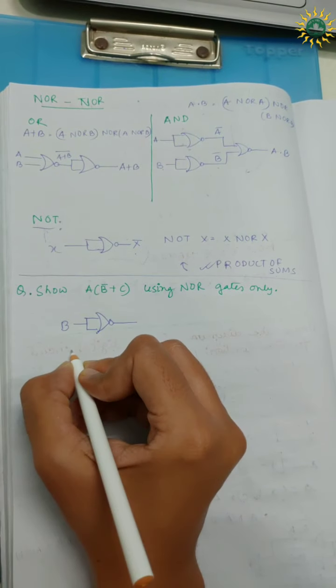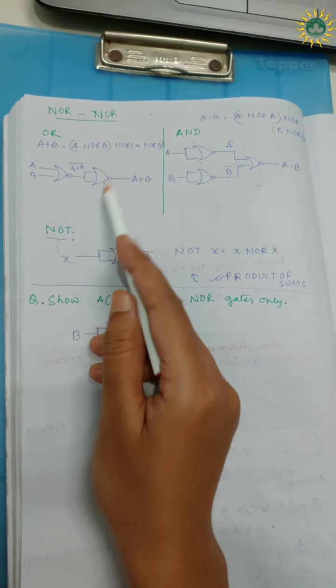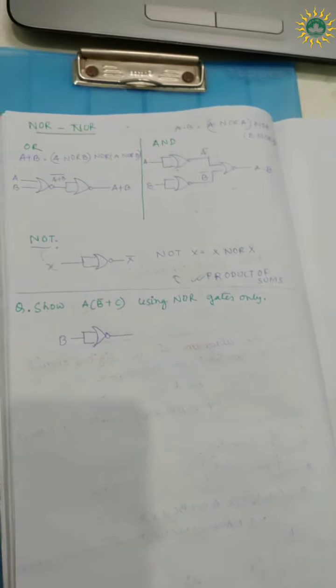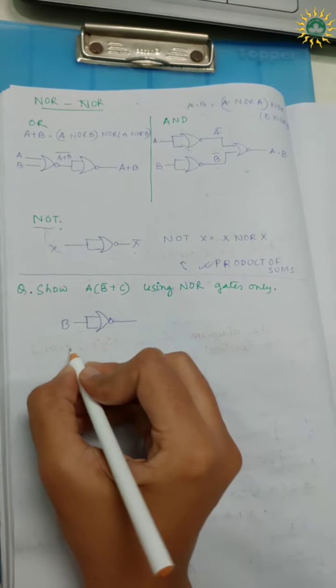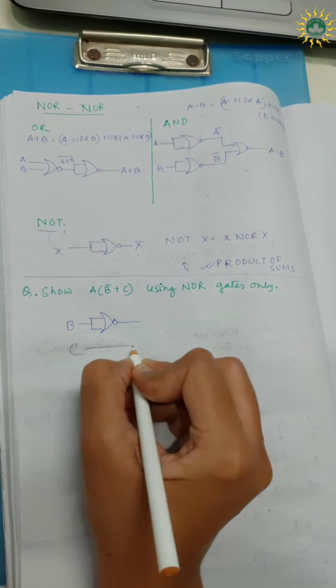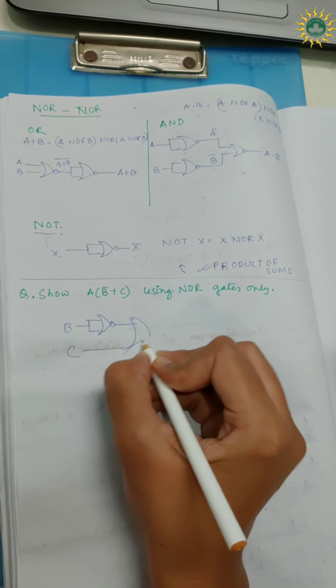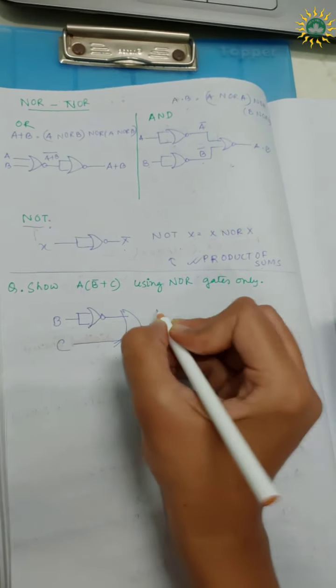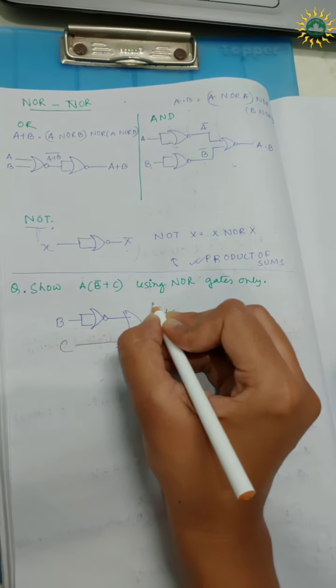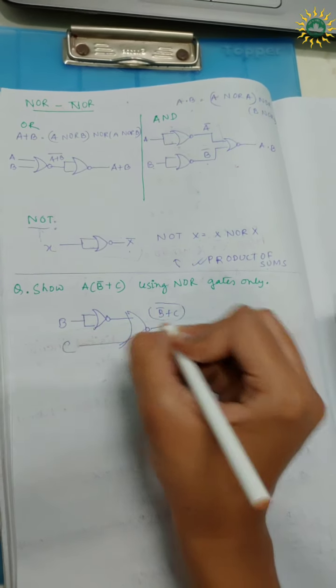B bar C. For OR, what you can do, you can pass it through one OR. Anyways, that will give you B bar plus C whole bar.